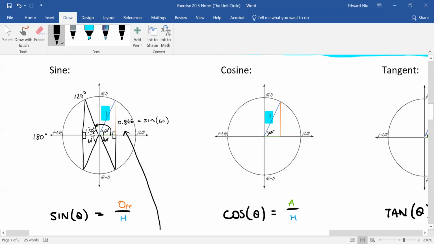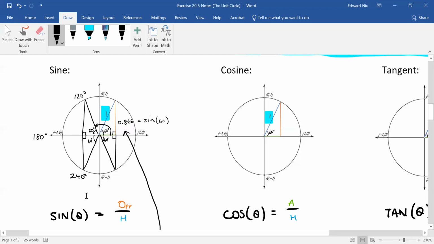And then down here, we're going to have a situation where we add 60 to 180. So this will be 240 degrees. So if you go in your calculator and go sine 240, what you should get is also 0.866, but you'll notice now it's a negative, because of the coordinates we're in here.